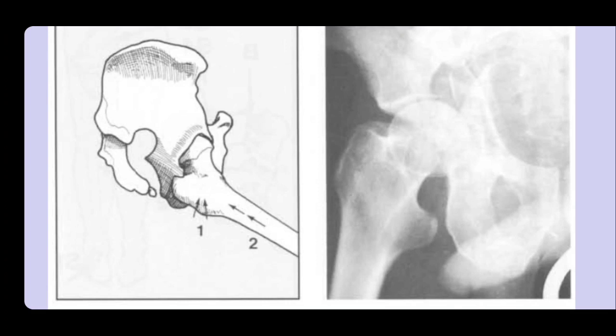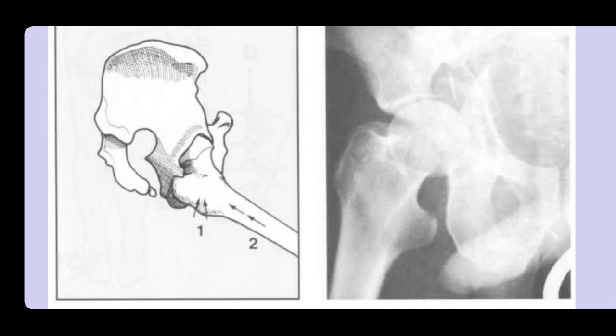So another name of this injury is a central fracture dislocation of the femoral head, because the head is dislocated not to the posterior or anterior side, but centrally into the pelvic cavity.